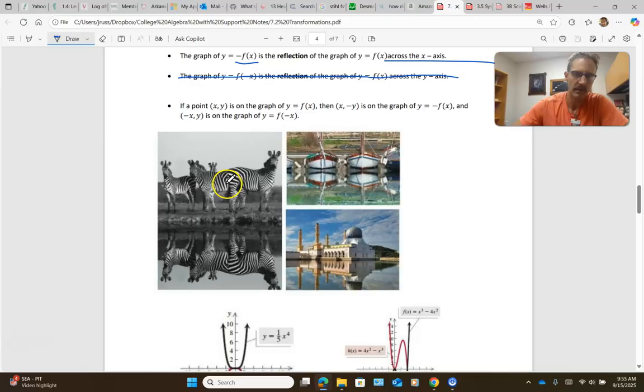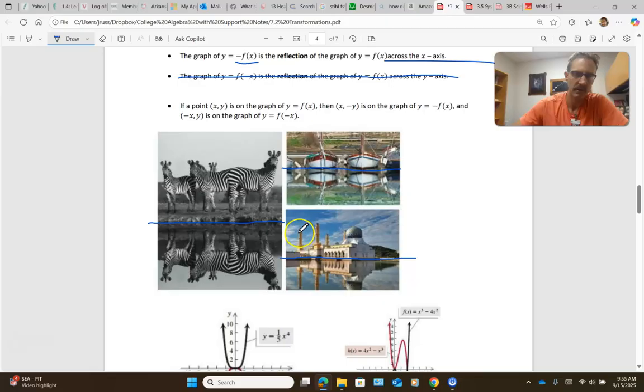But here's some pictures that I found that have symmetry, but they have horizontal symmetry. See that? All these reflections in the water. You can think about this as being the x-axis, and all these points that form the image above the water are transformed.